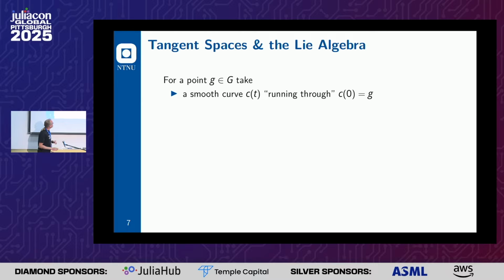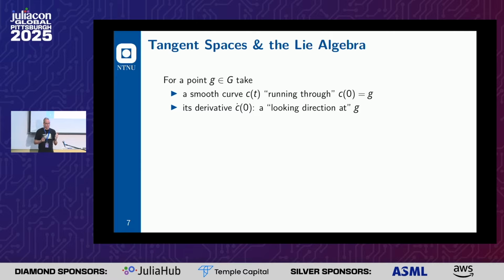Okay, the next thing we need is what I would usually call looking directions or finding derivatives of functions in the end even, or using that for that. So if we take any curve that runs through our rotation matrices, so it runs along on rotation matrices, that runs at time 0 through a point G on our Lie group, then we could consider this c dot, the derivative of that curve, as a looking direction.